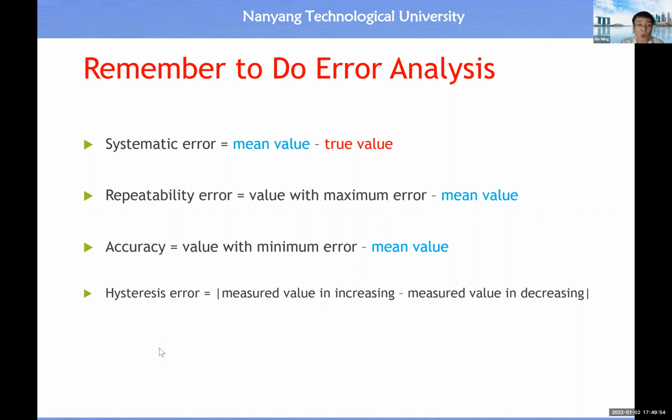In this case, you will know whether there is a hysteresis error or not. Always remember to do this common task, because the buyer or user of your sensor or measurement system may want to know this information. If you want to sell your product, you must tell the buyer about this information.